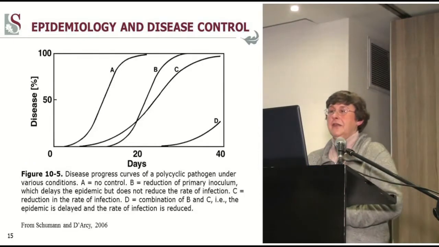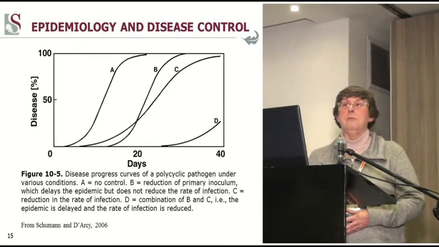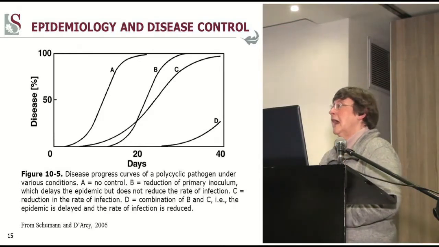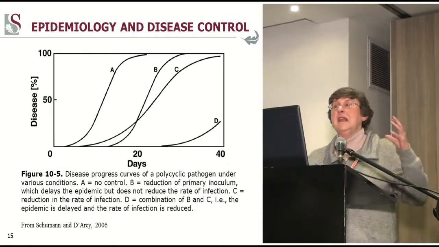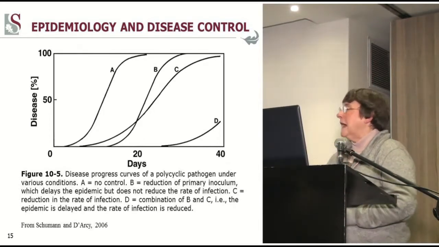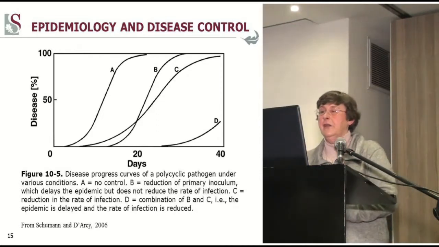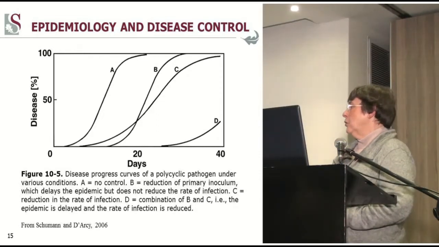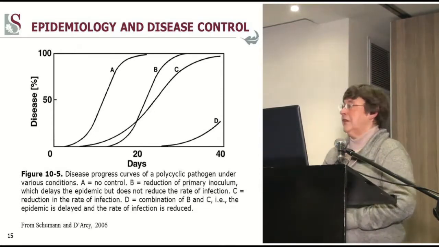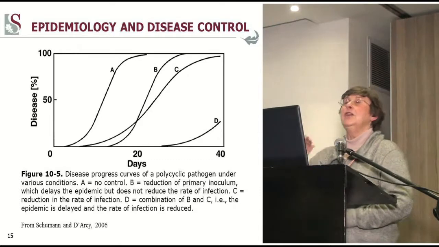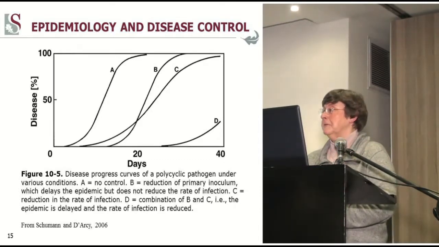My last slide is a summation slide of polycyclic pathogens and how we can bring our management strategies together to manage a certain disease. What I'm showing you here, curve A, would be your sigmoidal disease progress curve of a polycyclic pathogen with no management strategies implemented.